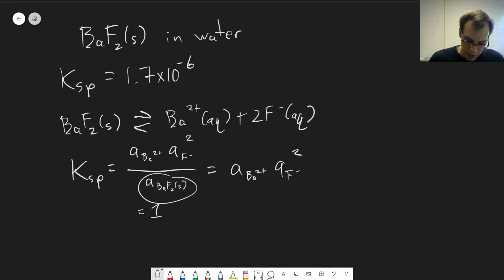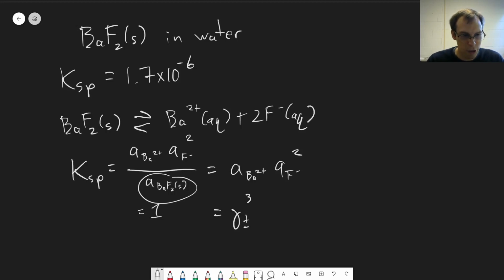If we want to write this out using activities instead of concentrations, we have to use the activity coefficient. So we'll end up with gamma plus-minus cubed, because we have 3 activities there: the activity of barium and the activity of fluoride squared.